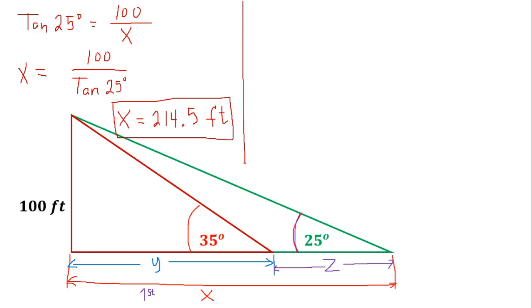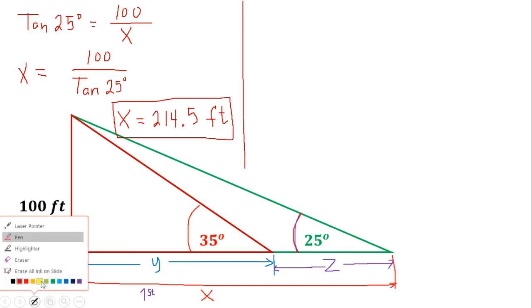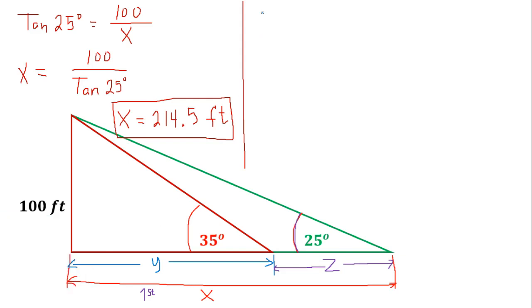Next one, let us find the value of y. Still opposite and adjacent, so it's still tangent. This time we are going to use 35 degrees.